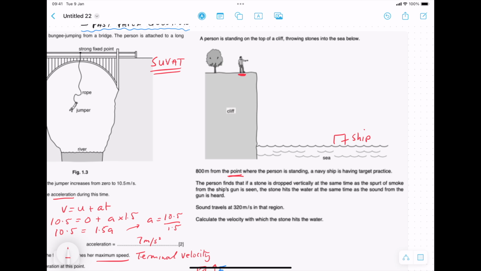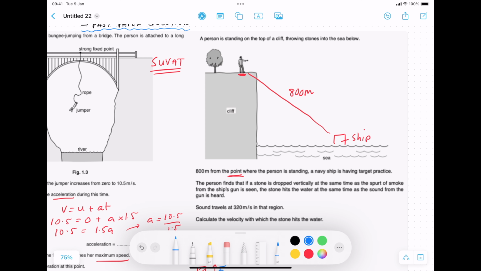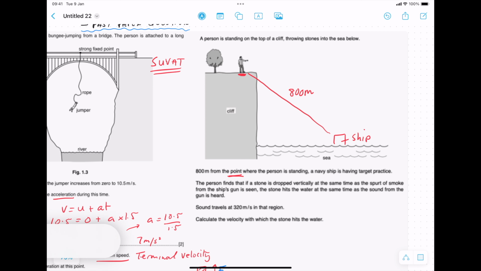Then the distance from the ship to the point at which he's standing, we're told, is 800 meters. Then we're told that he drops a stone. So let's do that in blue. The stone travels vertically downwards and then strikes the ocean at that point, X.